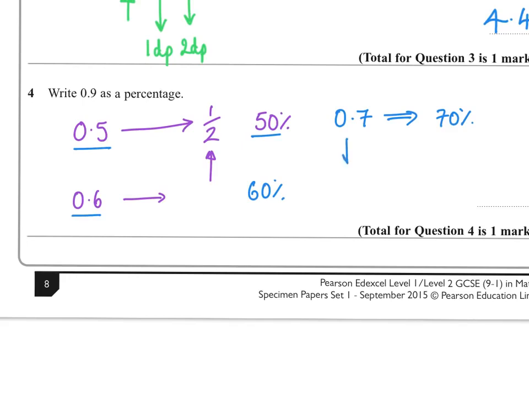And then you could quite easily understand that 0.9 would indeed be 90%. Okay, so that's just a little explanation of how that question can work. There's many different ways of looking at percentages, but I think that's an easy way into the question that will help you understand why 0.9 is indeed 90%.